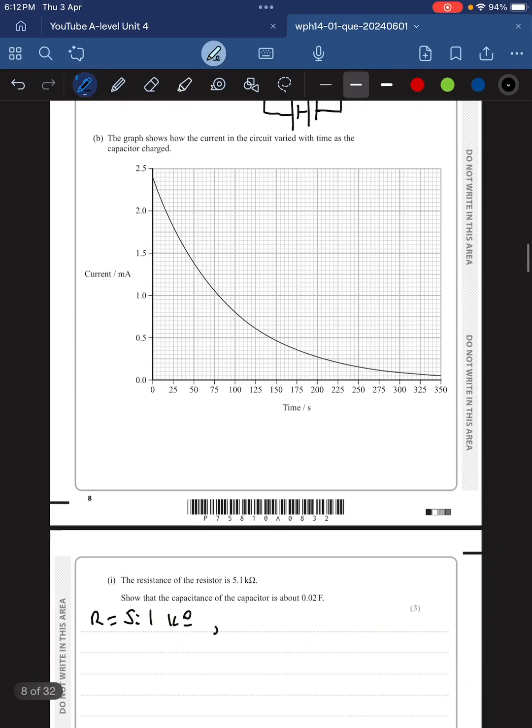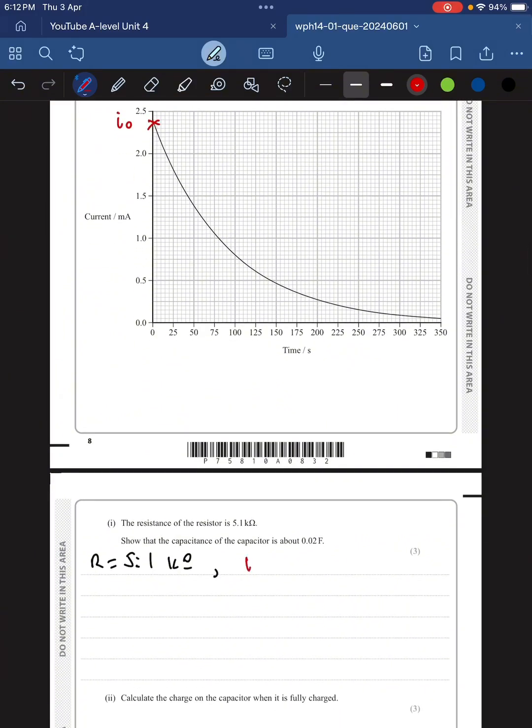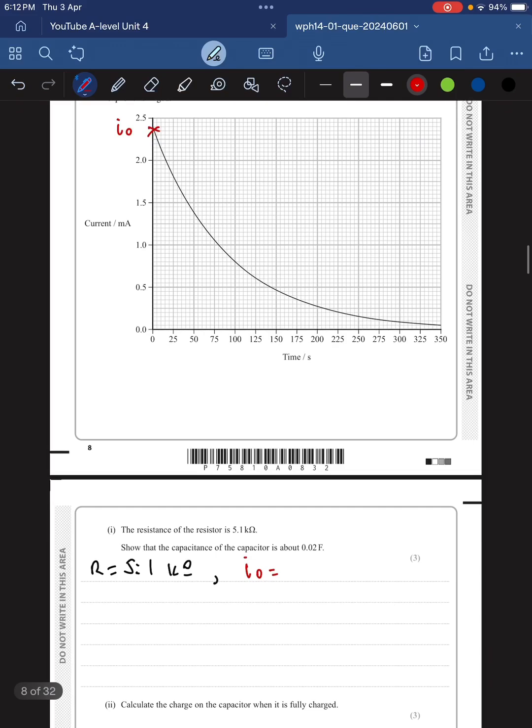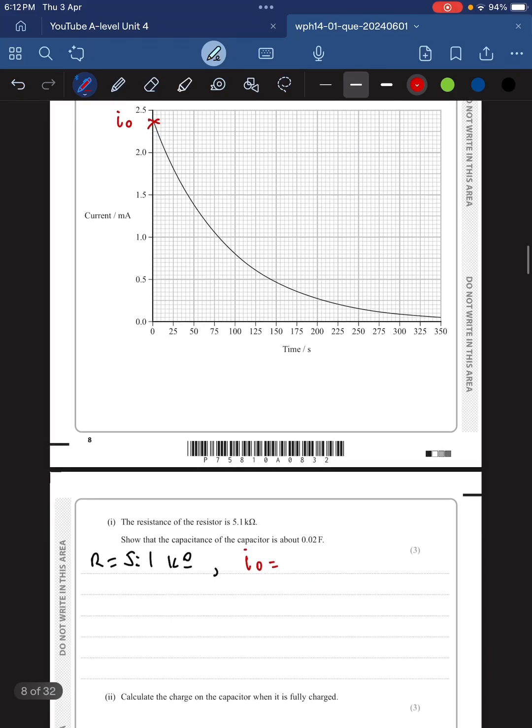And from the graph here, we see that this point, that's I naught, the initial current. So let's write it here. I naught is, if we read it off, about 2.4 milliamps. And 0.37 of I naught, which is the current left in the capacitor after one lifetime, is 0.88 milliamps.